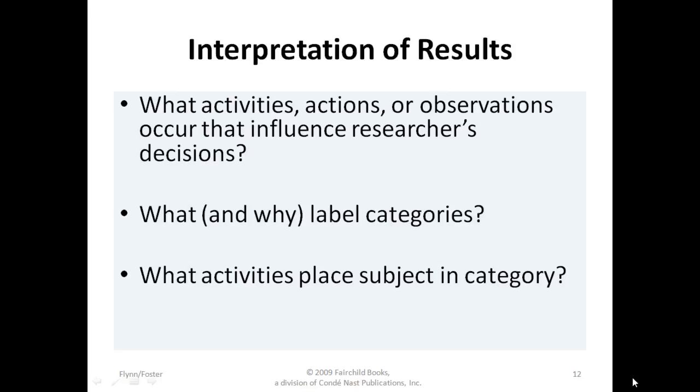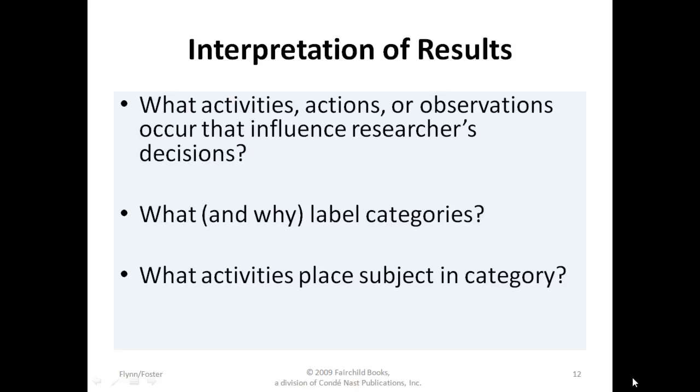You also want to describe how you determined why you placed a subject in a category based on visual factors. For example, you need to describe the shopping center you were at where you were watching people shop, and what criteria you used to determine if consumers were shoppers or browsers.